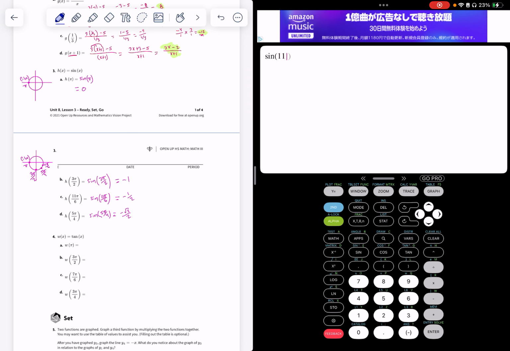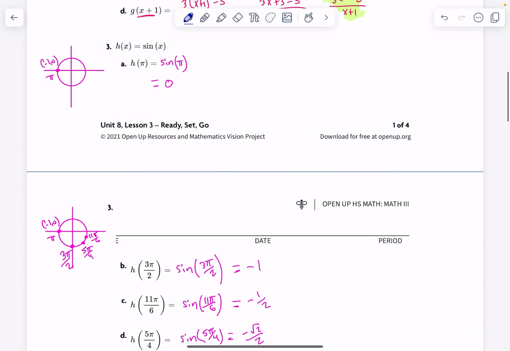So 11 pi over 6 is negative 1/2. That's correct, right? And then we have sine of 5 pi over 4. That is negative 0.707, right? We don't want that. We want an exact answer. And if you double check your answer, you have negative square root of 2 all over 2. We get that is correct, right? So very nice.